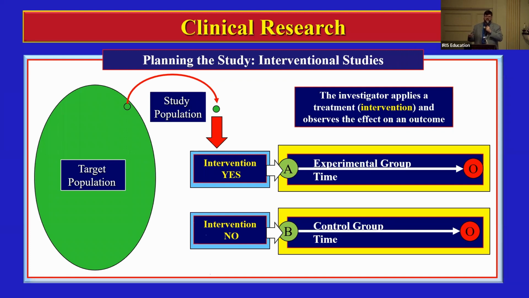And so in our study design and our rationale, we want to make sure that there's biological plausibility and all of that. So in our interventional study, we are going to have two groups, the experimental group and a control group. And so the experimental group is going to be the group that's receiving our intervention, and the control group is usually going to be receiving our standard of care or a placebo.